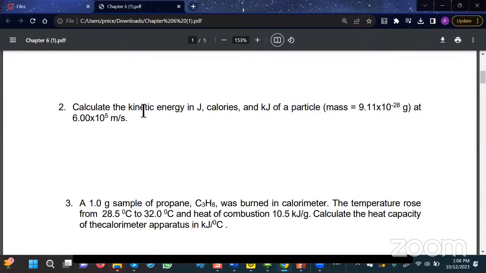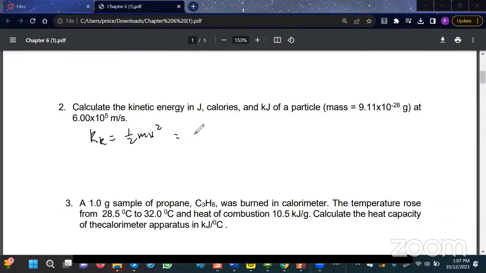It gives you the mass and the speed, right? So what equation would you use to solve this problem? I gave you that equation earlier in the PowerPoint. EK is equal to 1/2 mv squared, right?